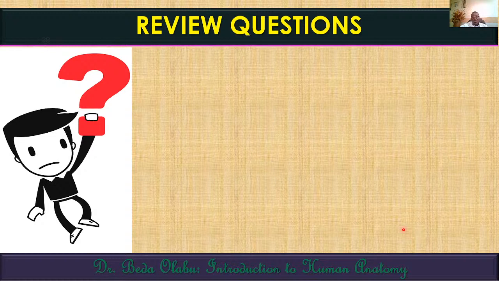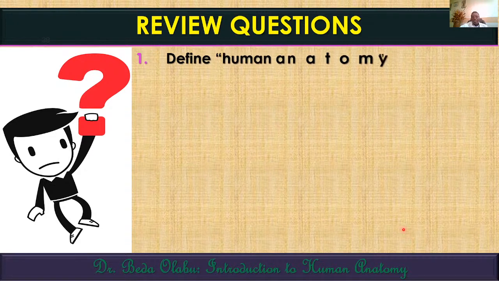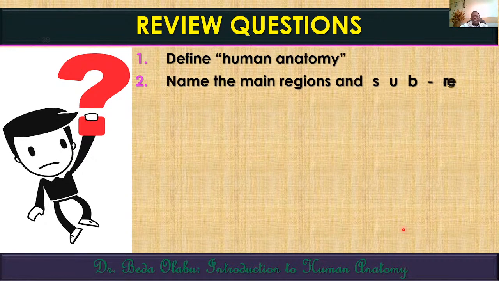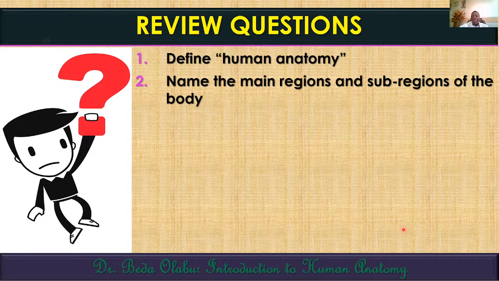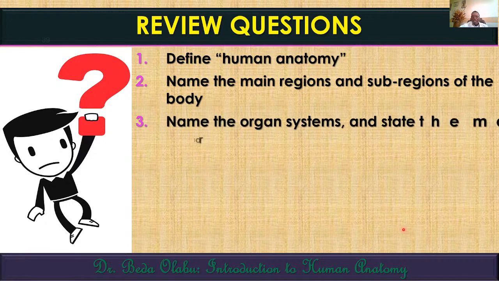Maybe just to jog your mind a bit, in terms of what we've done in this lecture, we have defined what human anatomy is. I believe you can do it. I believe you can also name the main regions and subregions in the body. I believe you can now name 13 or 14 organ systems and state at least one key role for each.